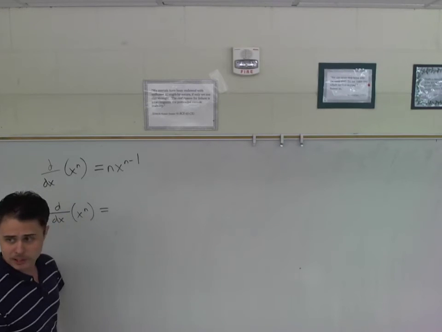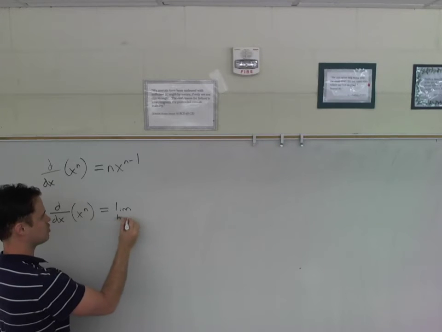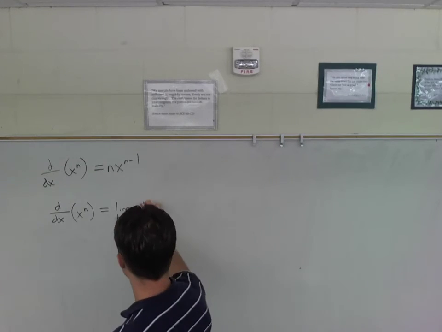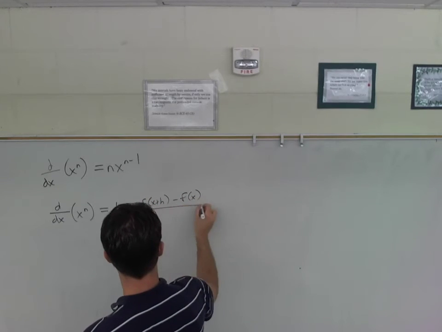Okay, we're going to go back to the limit definition, because that's where all calculus comes from. So I'm going to say the limit as h approaches 0 of f of x plus h minus f of x over h.